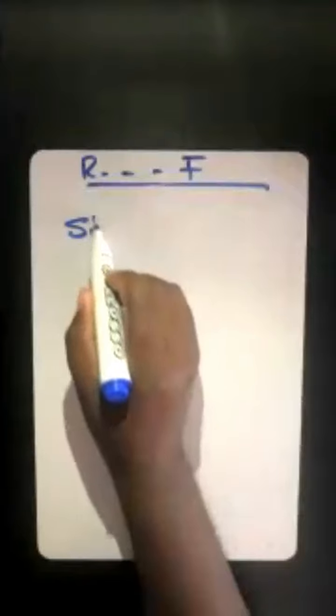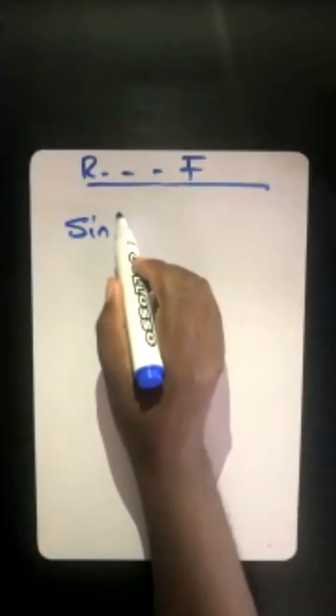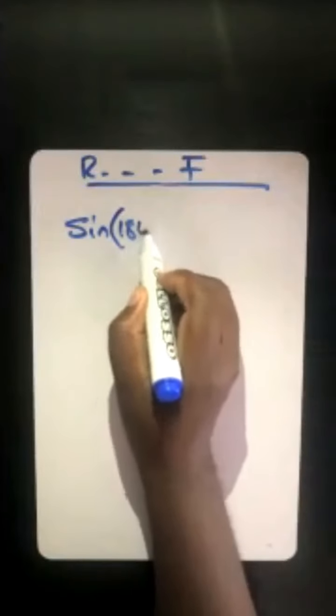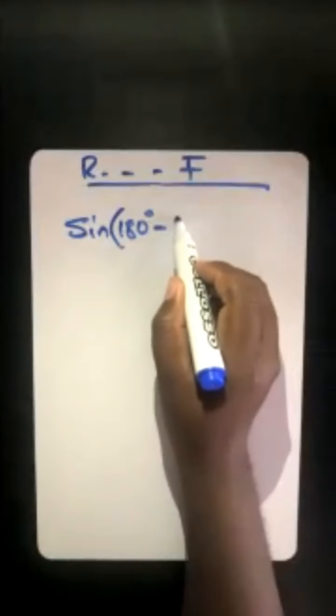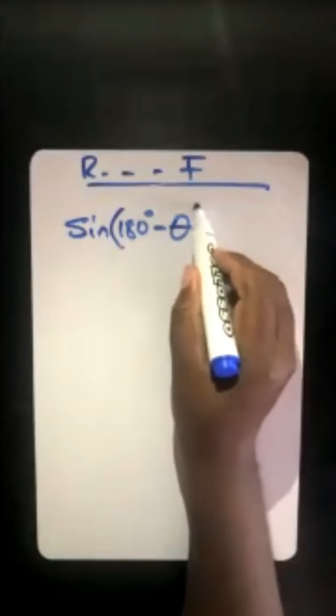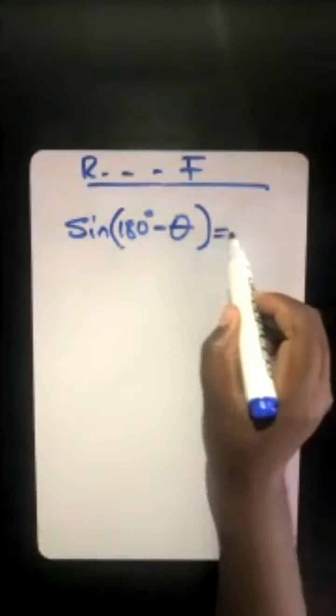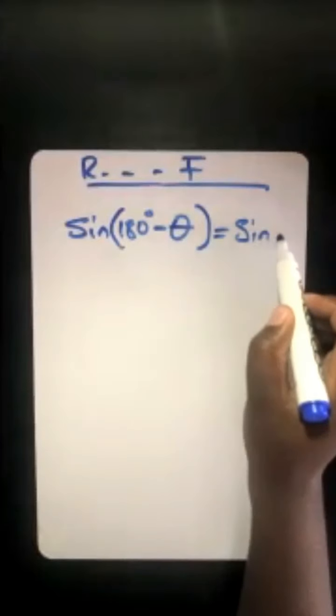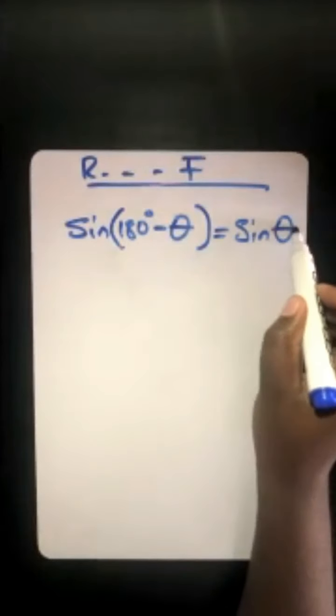So let's now write a summary of the reduction formulas of angles which fall in the second quadrant. If you use sine of 180 degrees minus theta, then this is the same as sine theta.